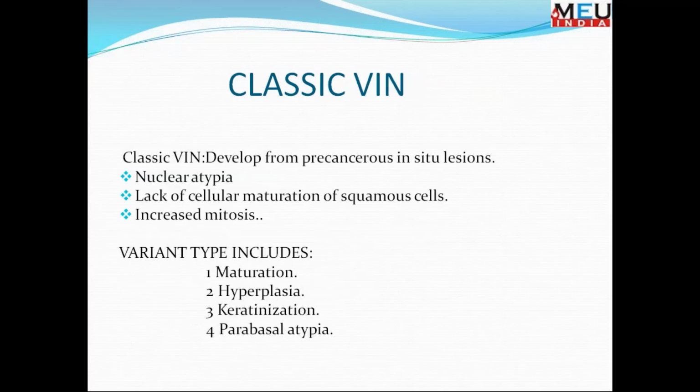The classic variant develops from precancerous in situ lesions with the nuclear atypia and lack of maturation of squamous cells. There is increased mitosis, and the variant includes maturation, hyperplasia, keratinization, and parabasal atypia as well.